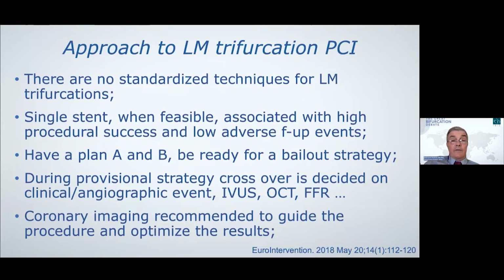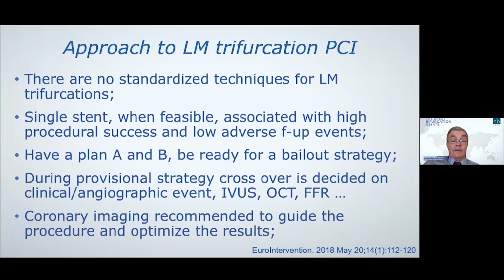So if we mention what is written in the consensus documents from the European Bifurcation Club about treatment of left main trifurcation, this is a summary of sentences that I made based on the article in which Dr. Burzotta was the lead author. So there are no standardized techniques for the left main trifurcations. We also favor a single stent strategy when feasible, because it's associated with higher procedural success and a lower rate of events at follow-up.